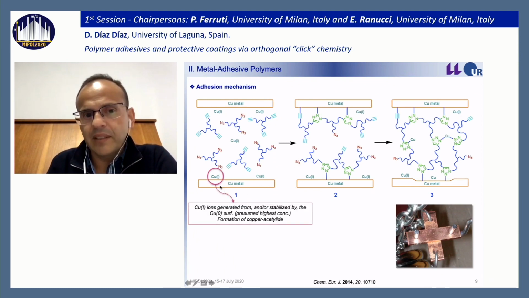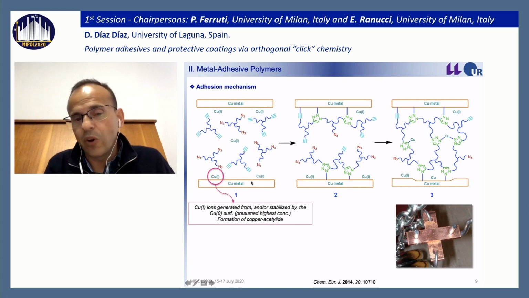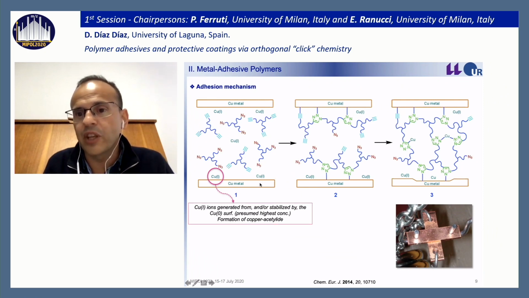First of all, the metal surface serves two roles. The first is to provide copper 1 ions from the surface. Very close to the surface, it's likely that the concentration of the copper 1 ion is higher. And then it also stabilizes these ions. The other role that this copper surface has is to promote the formation of the copper acetylide.